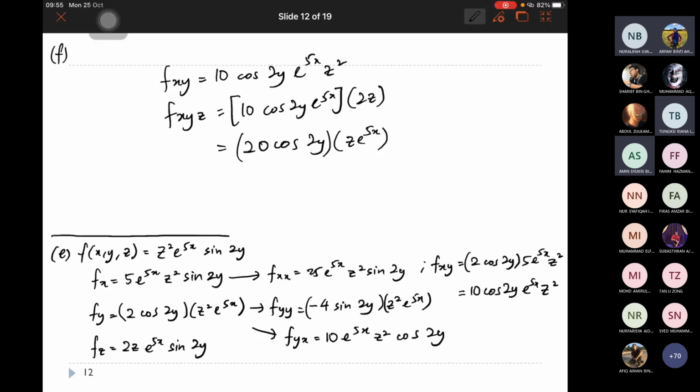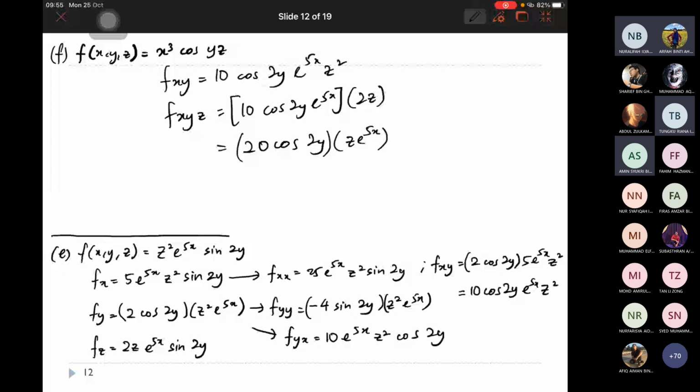So soalan F, F(X, Y, Z) akan sama dengan X cube cos YZ. Try solve for that one.